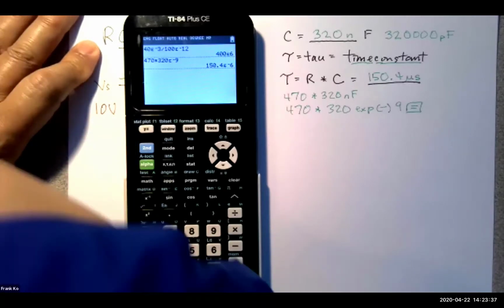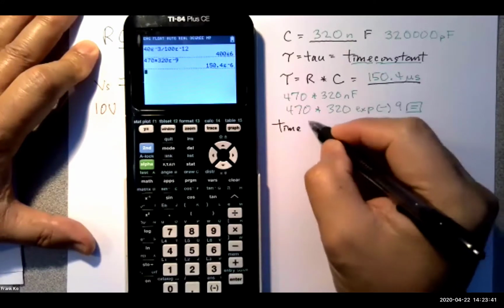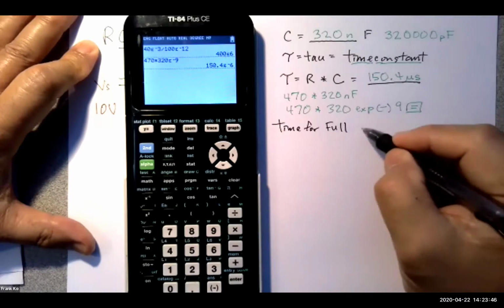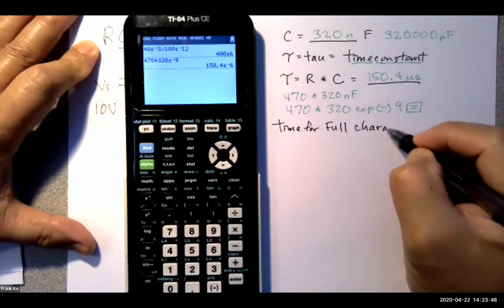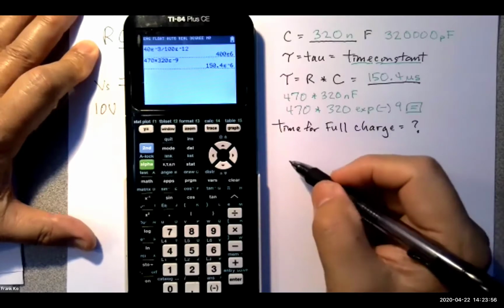The next question to be asked will be: time for full charge equals question mark. How do I determine the time for a full charge? Christian, Mr. Cortez, how do I determine the time for a full charge?